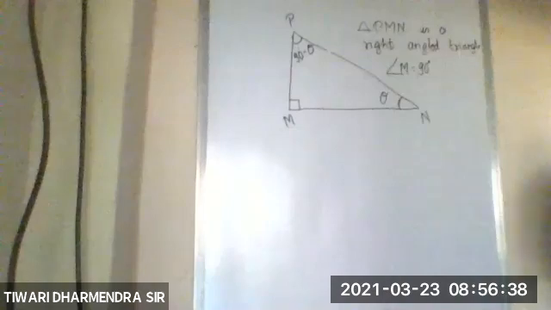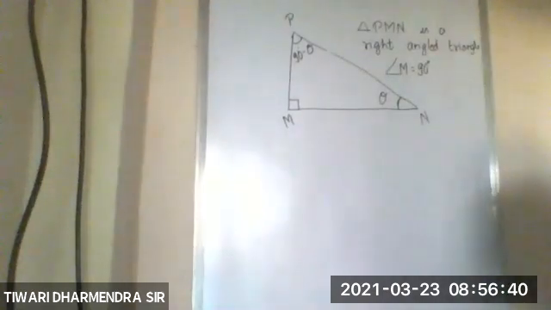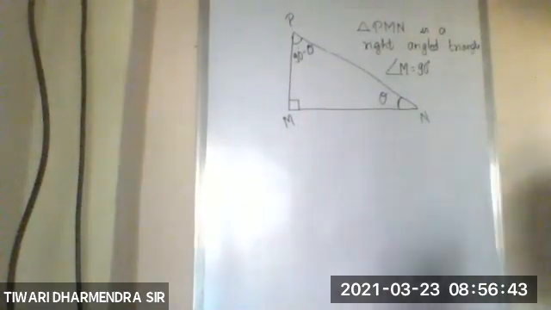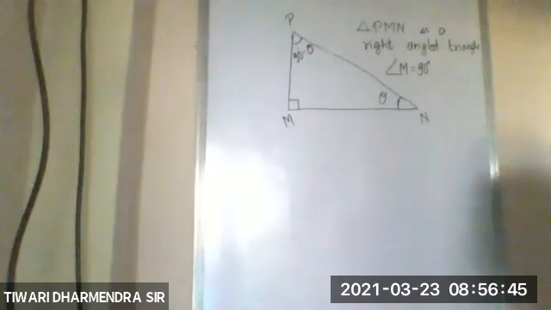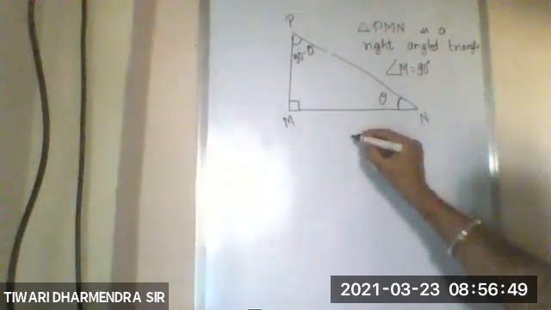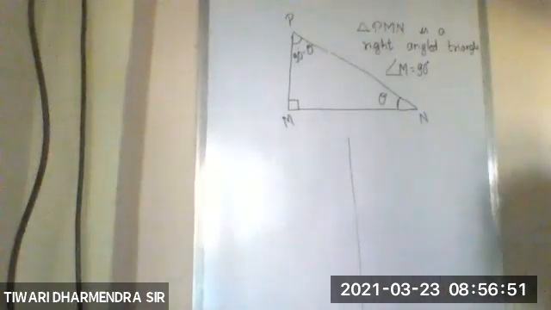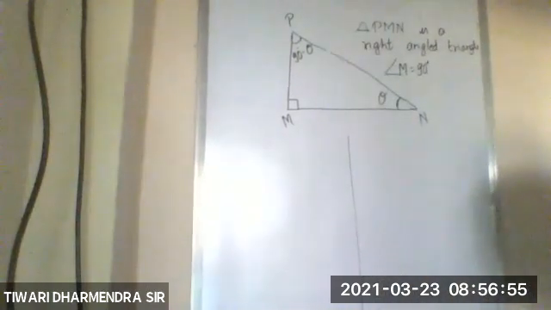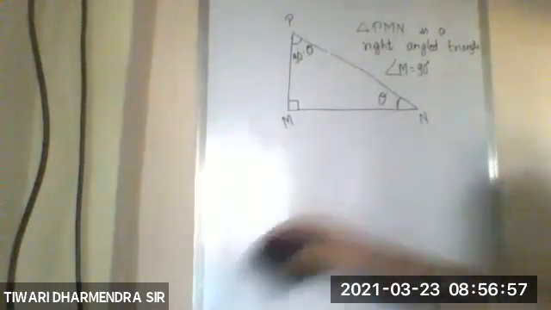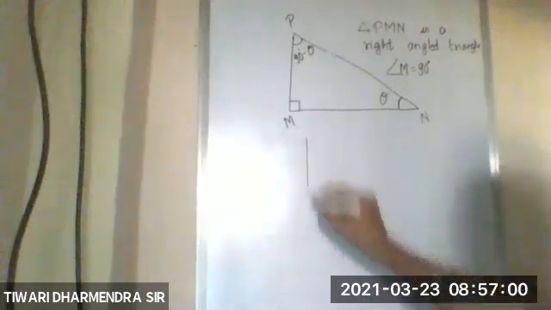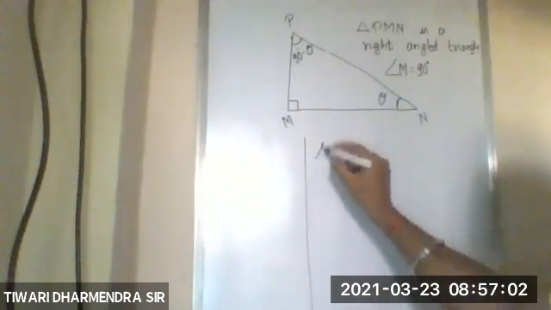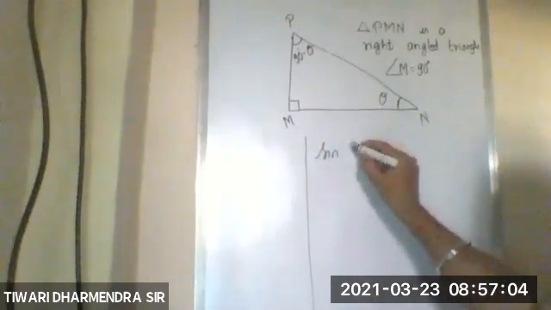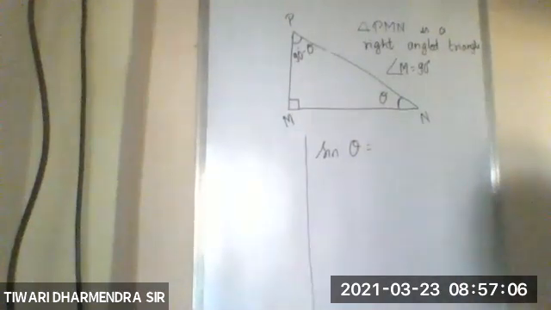Now we'll find the ratios of trigonometry that we know, that is sine, cos, tan. We'll do it stepwise. Sine theta. What is the formula for sine theta?